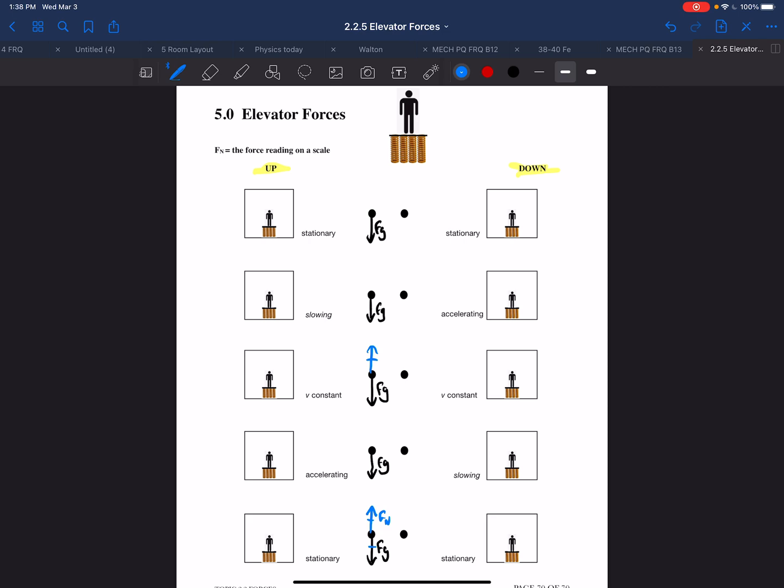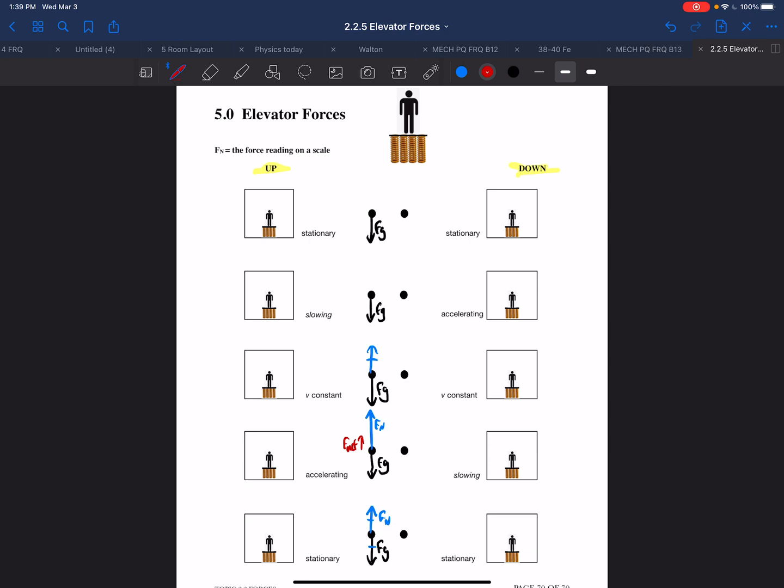So the question then becomes, what happens between these two when it's accelerating? Well, if the net force is upward, then the normal force must be greater. If there is a net acceleration upward, the normal force must be greater than the weight.